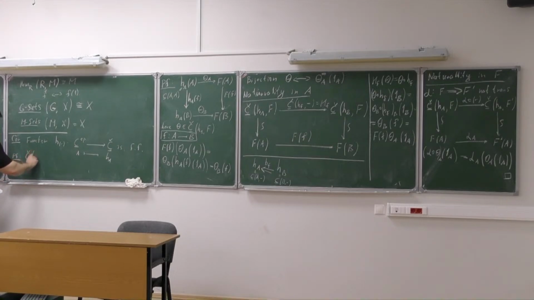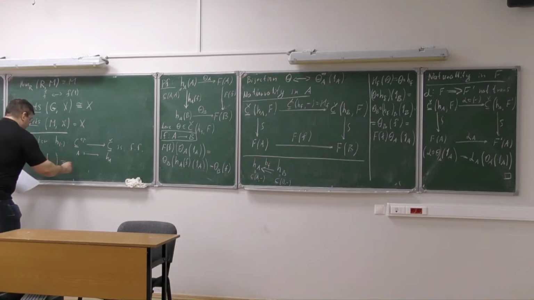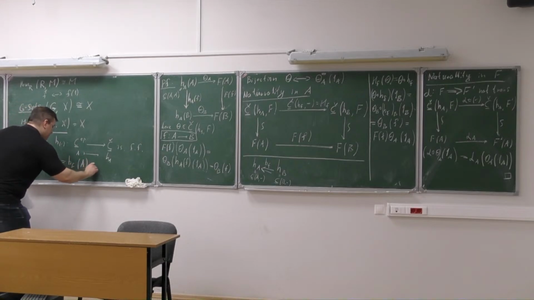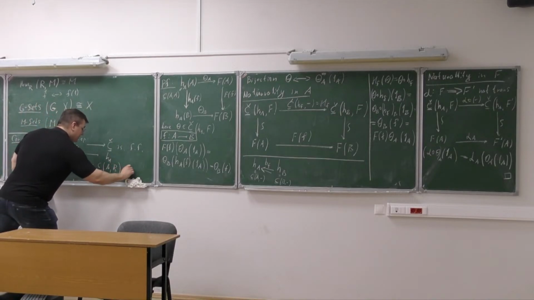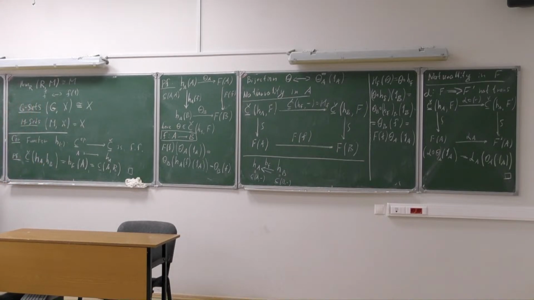If we just do the computation, take the Hom set between two functors H sub A and H sub B, now this is of the form where the first argument is a representable functor H sub A. So we can apply the Yoneda lemma and simply say that this is H sub B applied to A, which is the same thing as the Hom set in C between objects A and B. Okay?